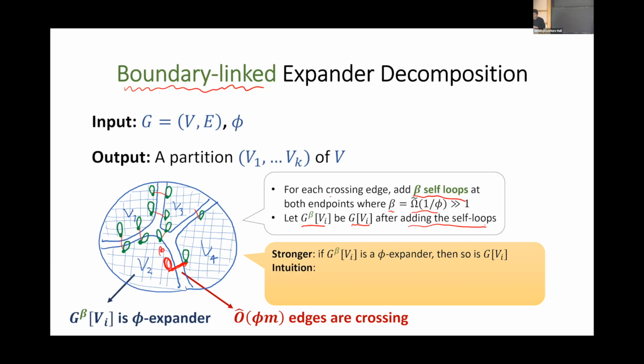So why is this useful, at least at the intuition level? When you have a normal expander, you know that all vertices are well connected.